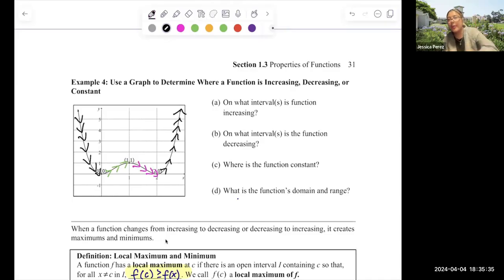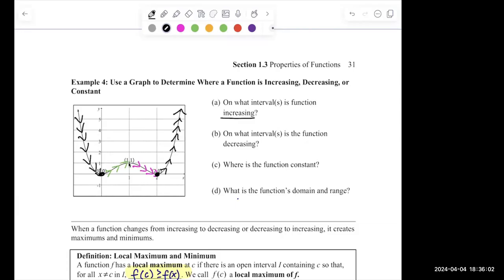If it starts up and then it goes down, that means it's decreasing, then increasing, then decreasing, then increasing. So I want to find where it is increasing, and I'm looking at the X value. So here and here. It's increasing from, who can tell me the first part? From 0 to 1.